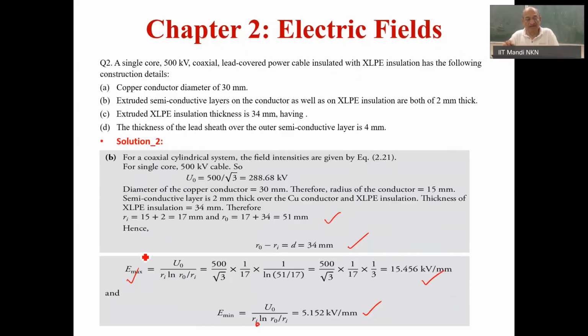But why do you want it? Why do you want higher field intensity to be withstood by the dielectric? When you increase the maximum field intensity, the total thickness of insulation layer provided would reduce considerably.